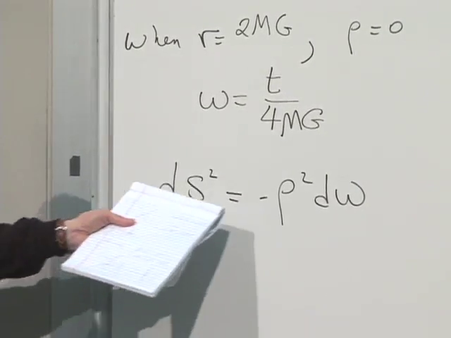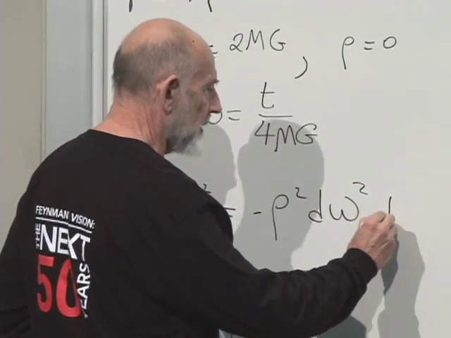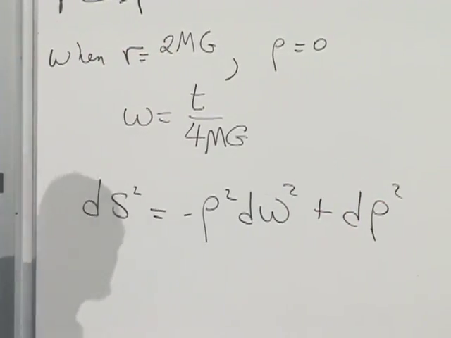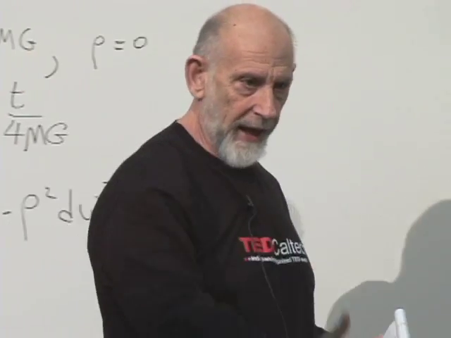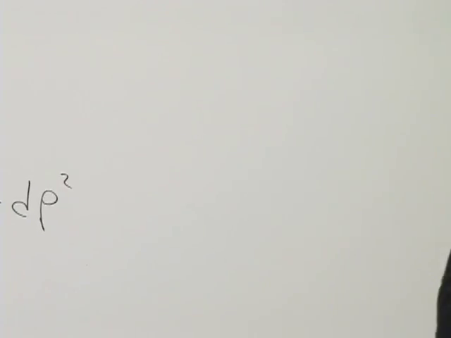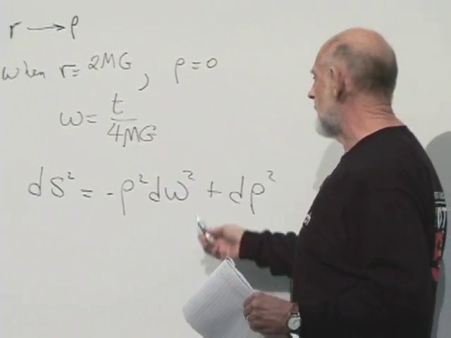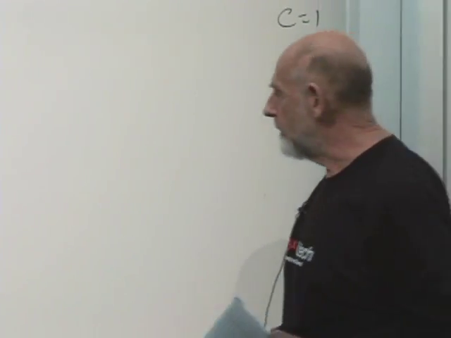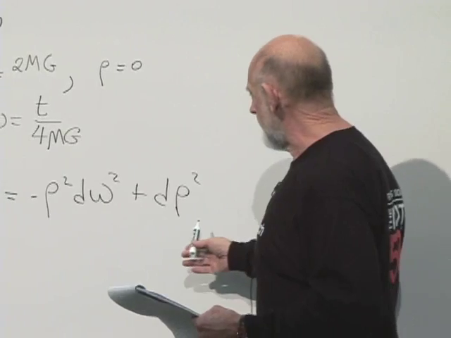You can write d tau squared equals rho squared d omega squared plus d rho squared. And then there was another piece coming from angles on the horizon, but I'm not terribly interested in that. I'm interested in distance from the horizon and time. A two-dimensional picture of the black hole. This is what the metric is like.